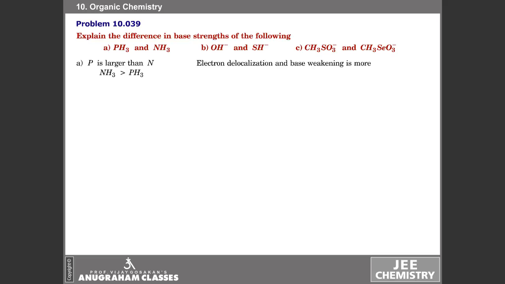There is an alternate method of explaining this. In phosphine, the bond angle is 90 degrees. This means phosphorus uses pure p orbitals for bonding, and the lone pair is accommodated in the s orbital.